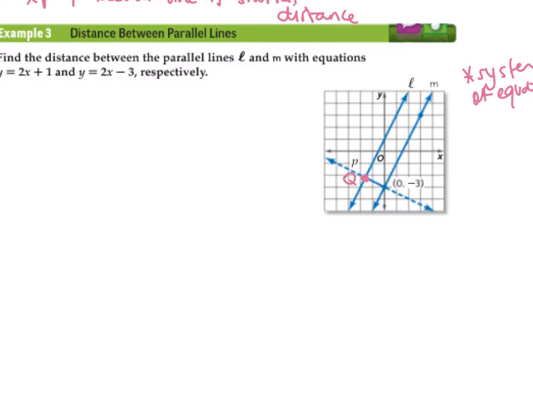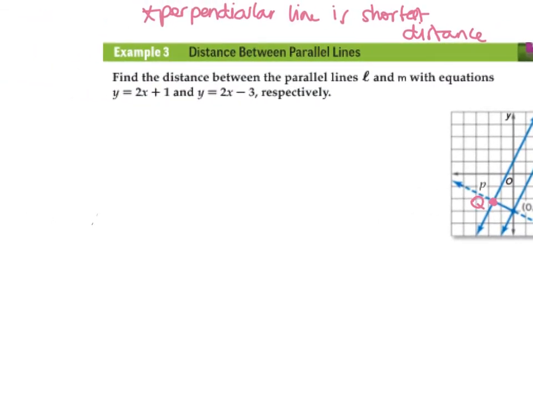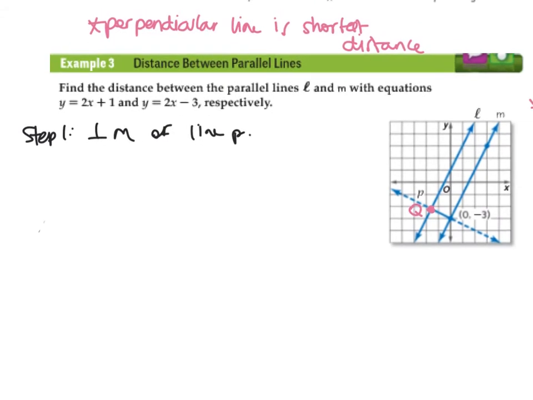In order to figure that out, first we need to find the equation of our perpendicular line. So step number one, we have to find the perpendicular slope of line P. Okay, so we know that lines L and M are parallel and they have the slope of 2.